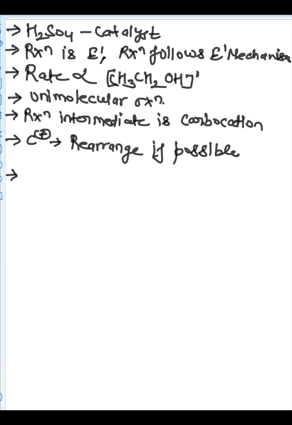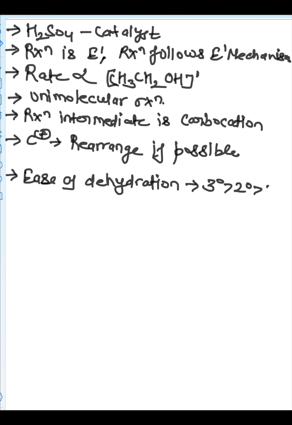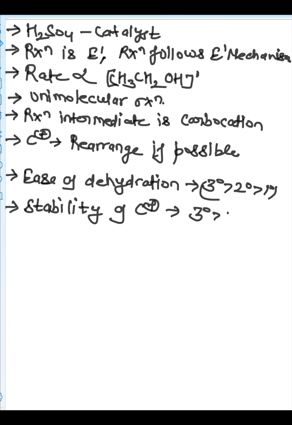Now we were saying that the ease of dehydration is 3 degree, then 2 degree, then 1 degree, because as you know the stability of carbocation is 3 degree more stable than 2 degree than 1 degree.